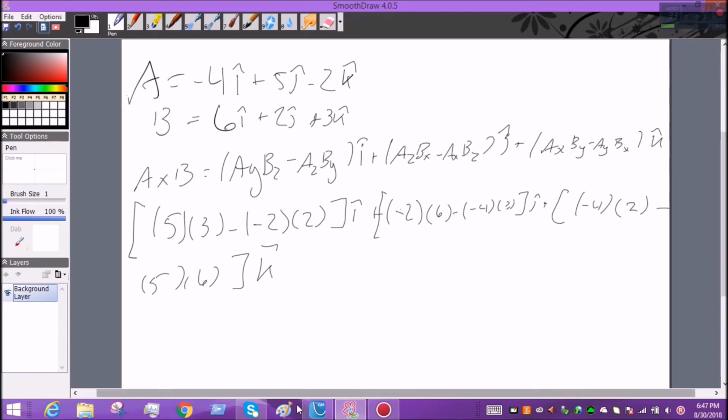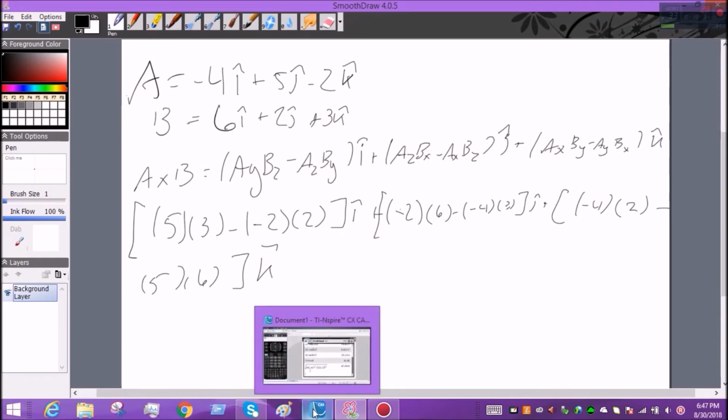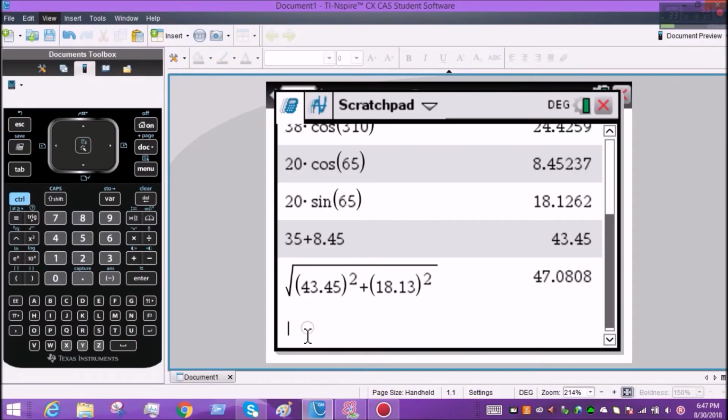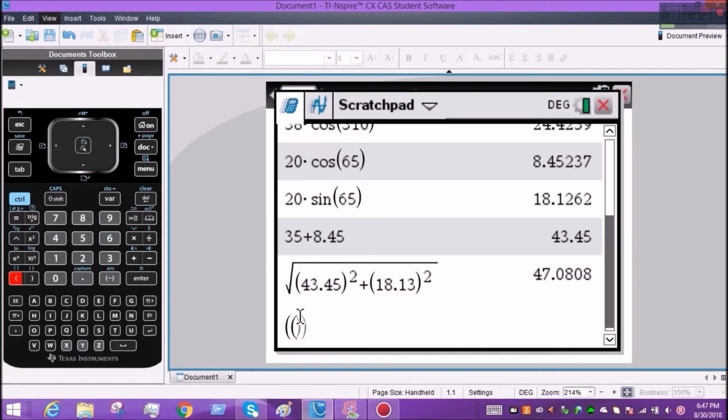So we're going to solve for each of these i, j, and k. To make it simpler, I would normally work this out by hand, but since I'm running out of time, I'll just get my calculator to do it for me.